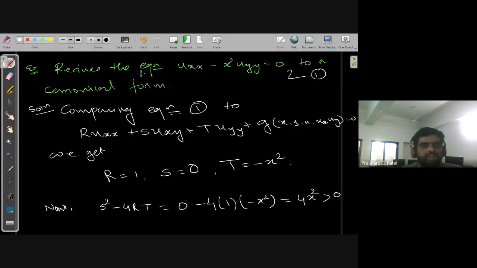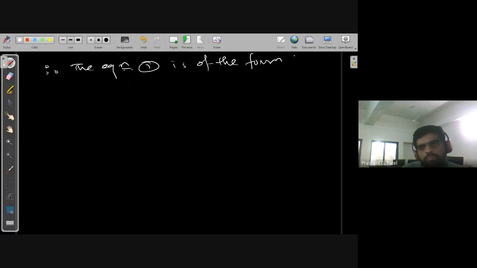That means we can say that equation 1 is of hyperbolic type. Therefore, equation 1 is of hyperbolic type equation.